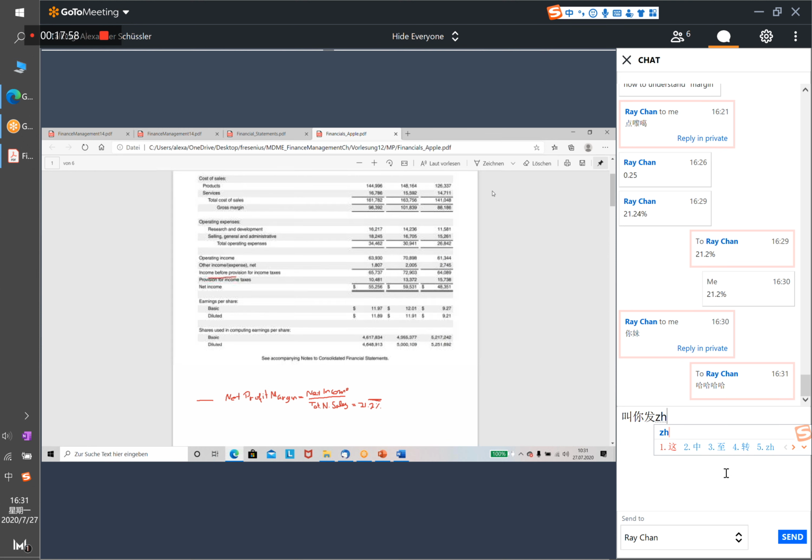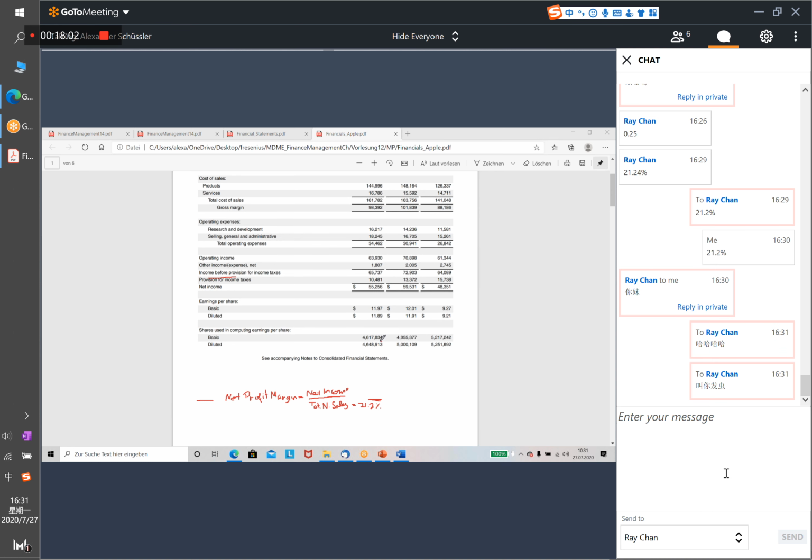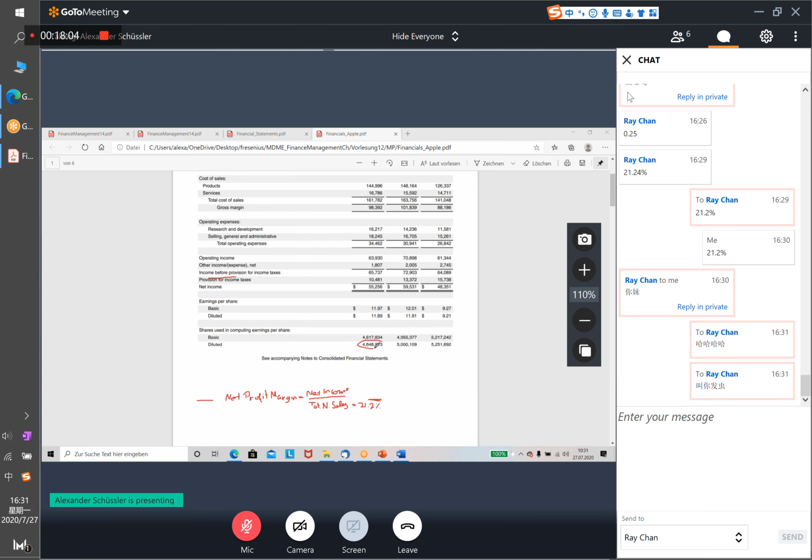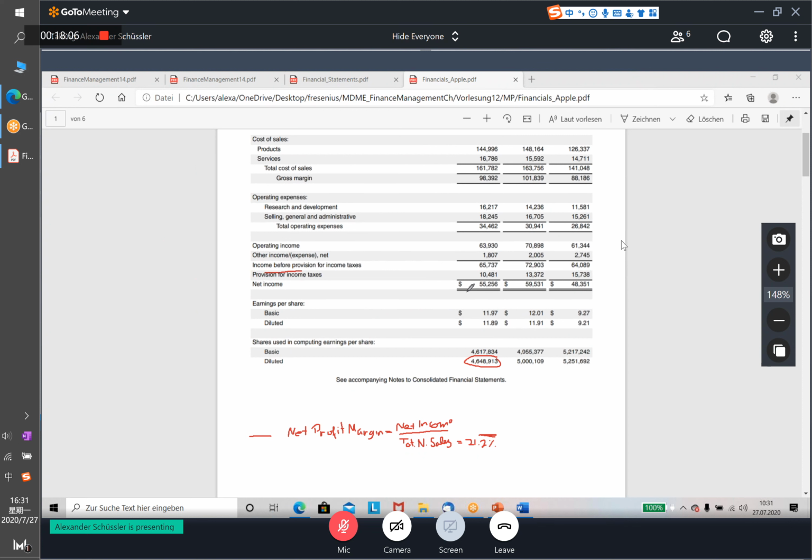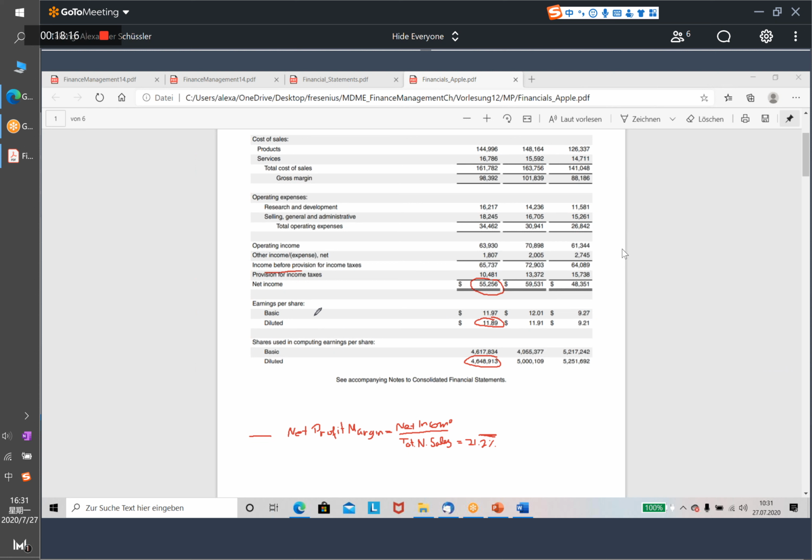If you look here, here are the number of shares outstanding, and earnings per share is net income divided by the number of shares outstanding, and then you get the earnings per share.